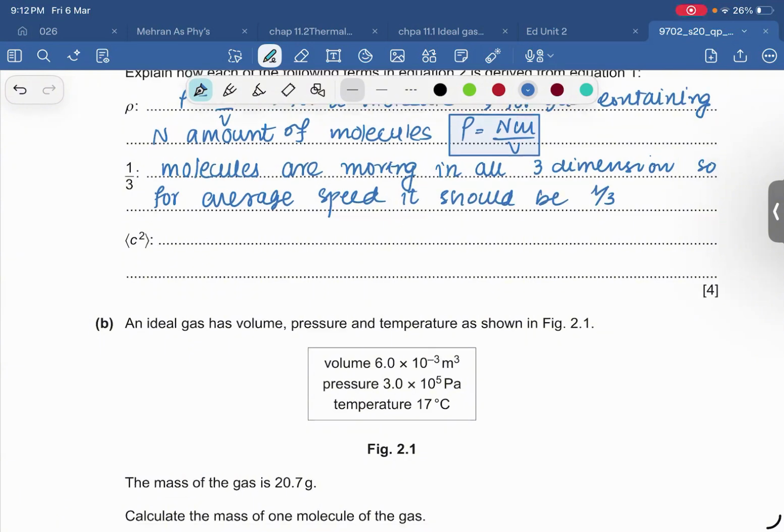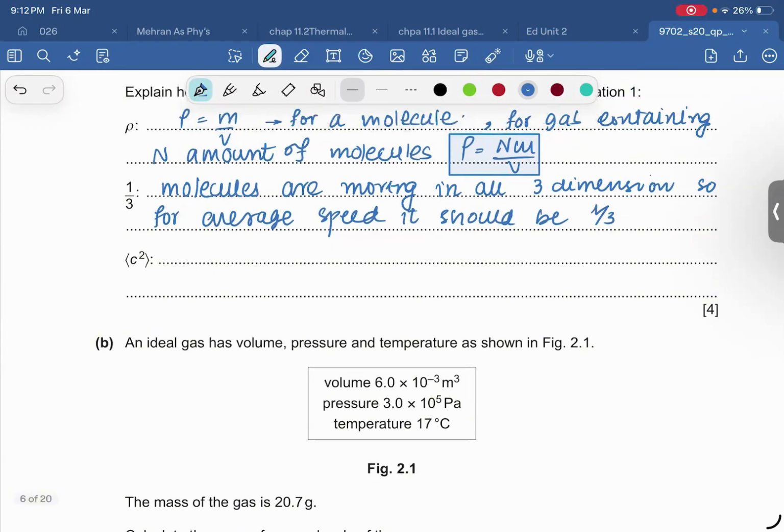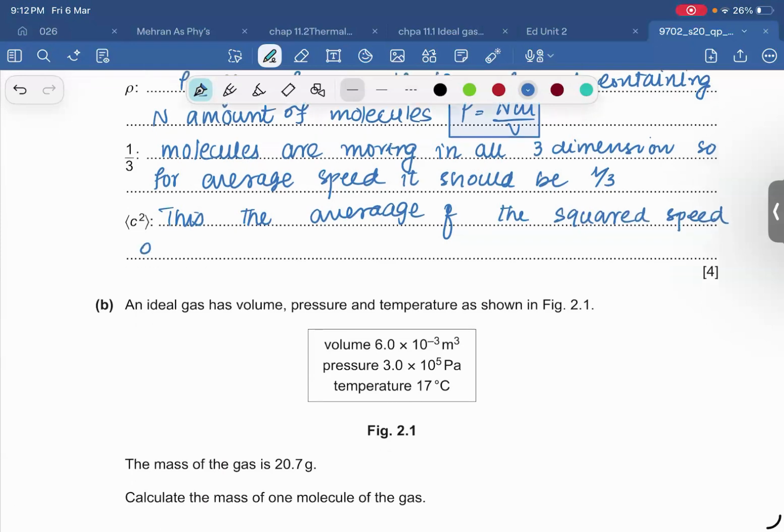So we can say that this is the average of the squared speed of the particles having different velocities.